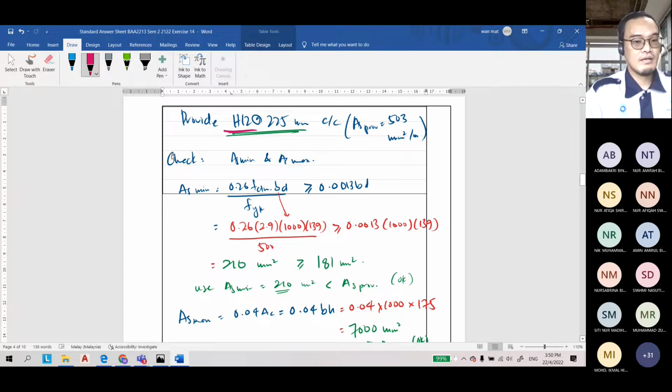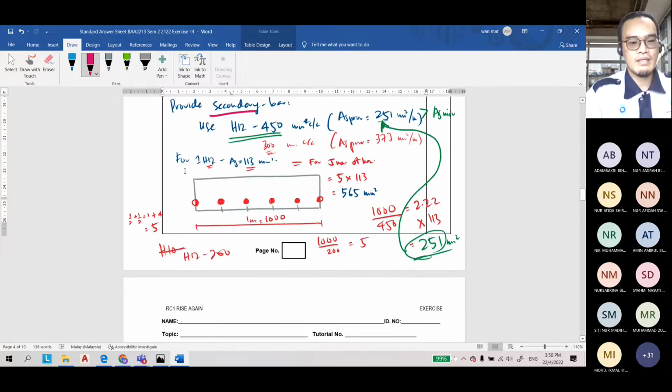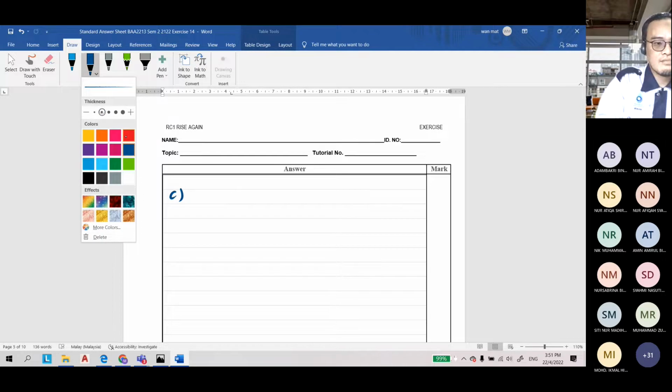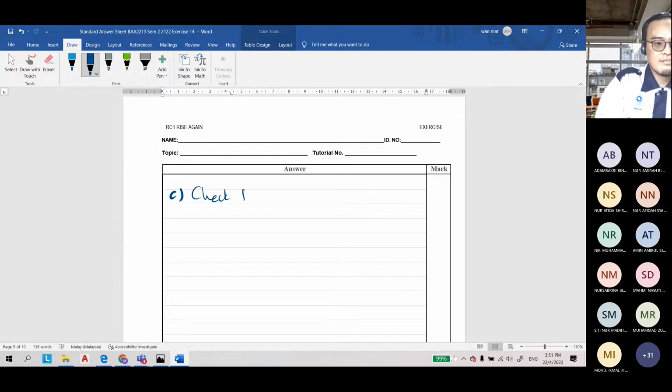Okay, this is step B, design and reinforcement. Step C is we check for shear. The VED we got from calculation is 26.44 kilonewton.